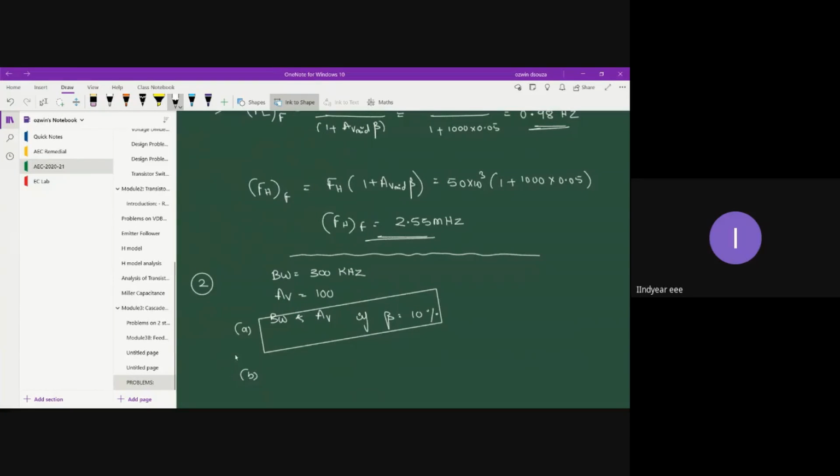Second one, what will be the gain bandwidth product before and after feedback?